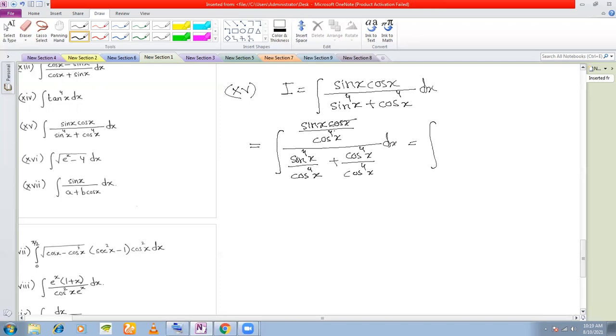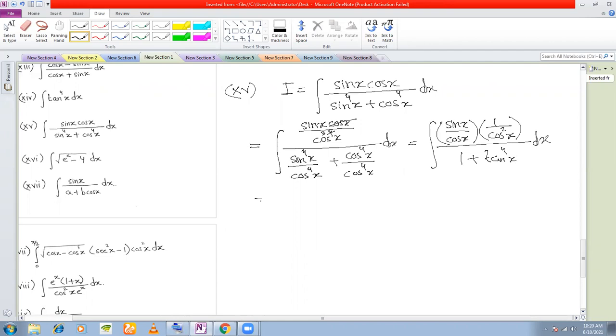One cos cancels, so I simply get here sin x by cos x into 1 by cos square x. Why did I write it this way? To get sec square x tan x in the numerator. And here what do I get? I get 1 plus tan to the power of 4 x dx.